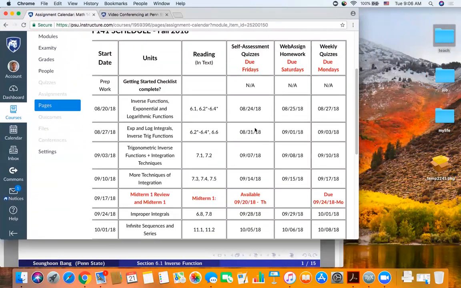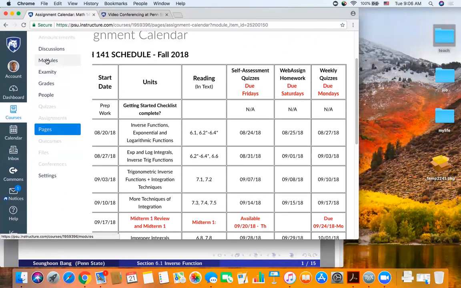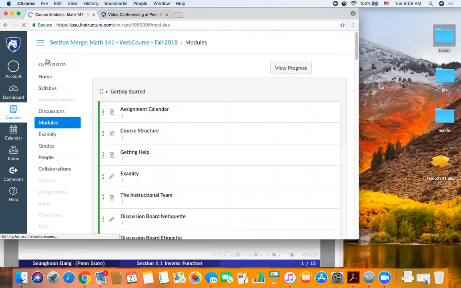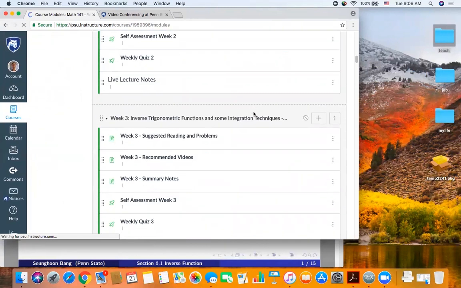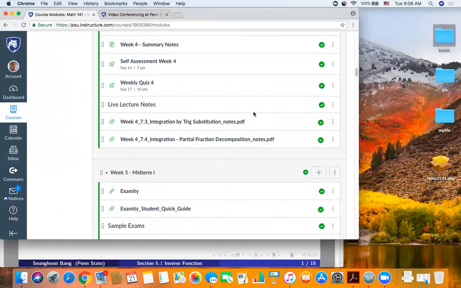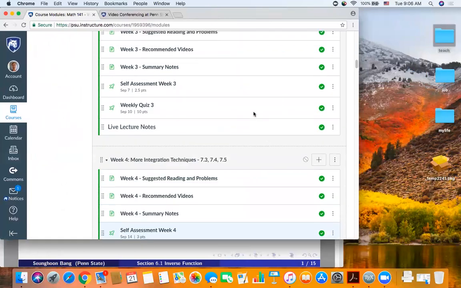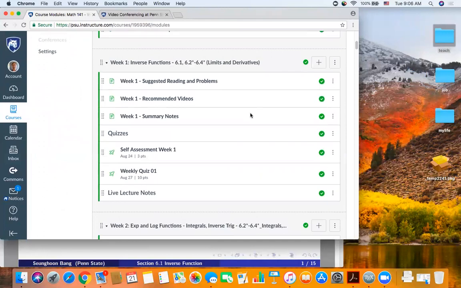You can take the self-assessment quiz and the weekly quiz on Canvas. You go to Modules, go to week 1, and click here. The self-assessment week 1 and weekly quiz 1, you can take online by yourself until the due day.